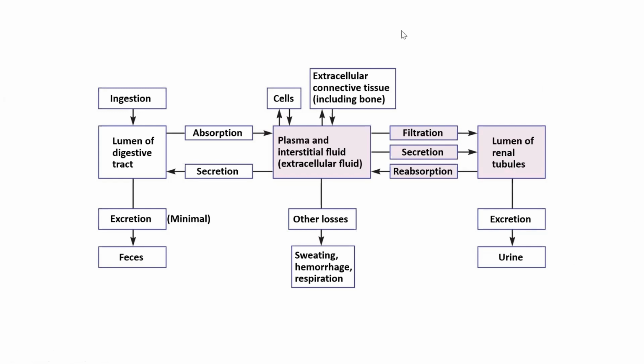And this is just a large schematic that's showing us how water is moving in different areas, but we'll talk about this again later on and really highlighting how these inputs and outputs really need to be balanced. So the mechanisms by which we lose water, so feces, urine, sweating, should be balanced by the mechanisms by which we ingest water or intake water.